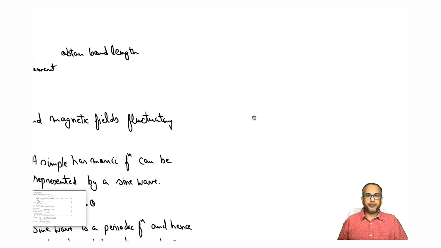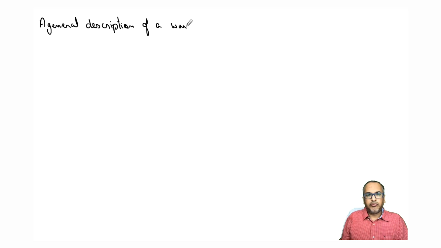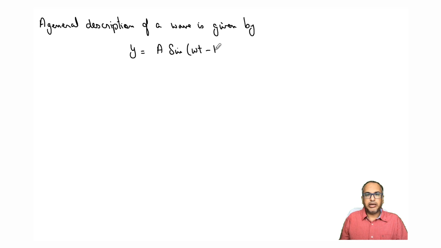Now, in general, a general description of a wave is given by y is equal to a sine (omega t minus kx), where kx is the phase factor.